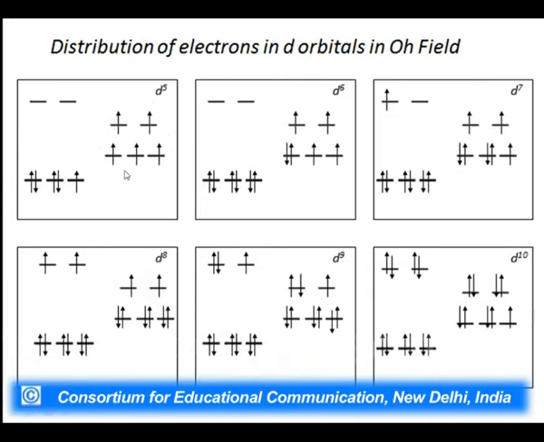Now, this is a case where you have a half-filled configuration in the lower and upper, that means T2G and EG energy states, and hence the net energy stabilization achieved is found to be 0. This helps in understanding many properties of the complexes if we can measure the magnetic moment as well as the crystal field stabilization energy for complexes.